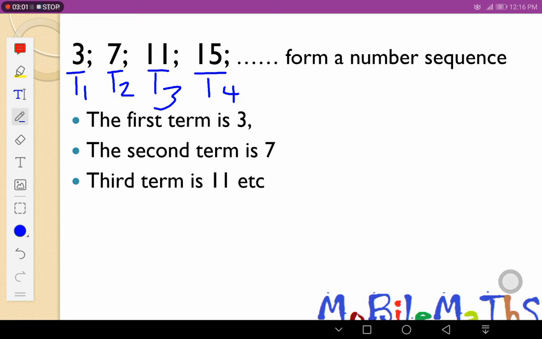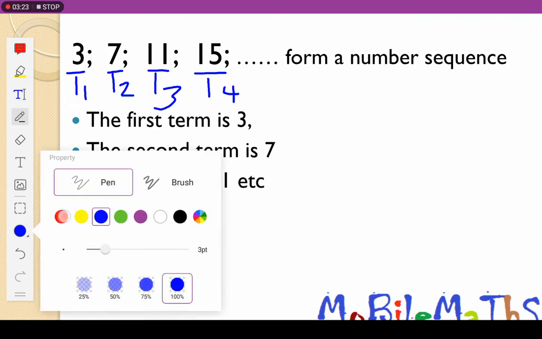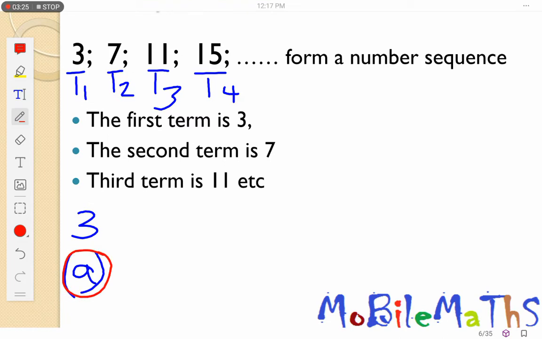the sequence is starting with 3, and our 3 is the first term. We can term it A there. It's normally denoted as A. Then the second term is 7.